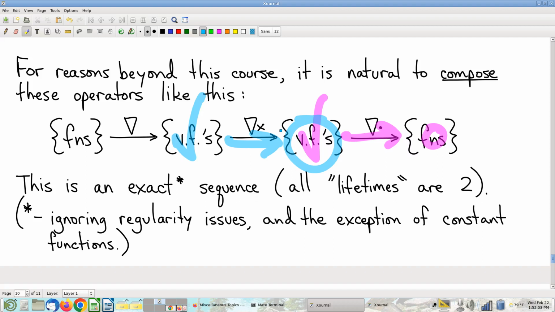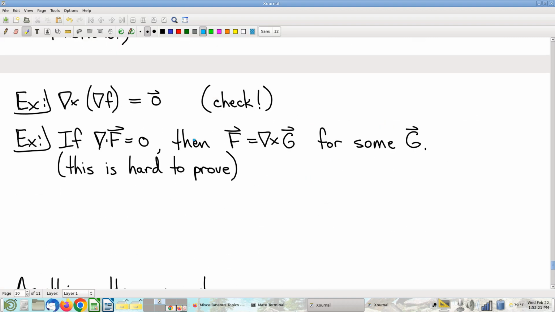Or said differently, your vector field whose divergence was 0 has an anti-curl, you might call it. And that's the term I like. Again, not popular. I'm trying to popularize it. Okay, so there are, again, lots of different versions. You can write this down. The curl of a gradient is always 0. That represents a lifetime of 2. So any gradient, whatever it's a gradient of, has curl 0.